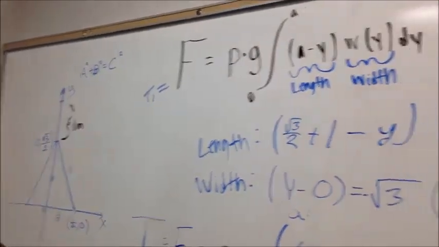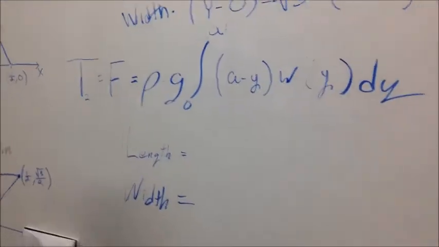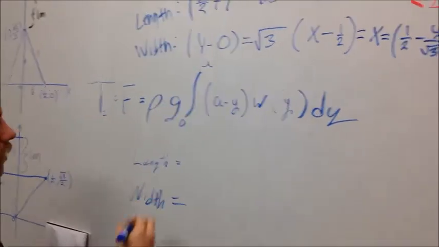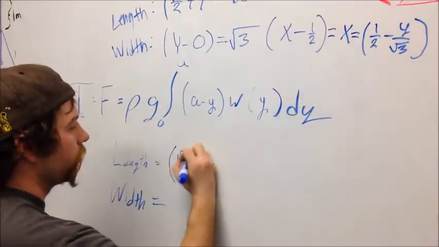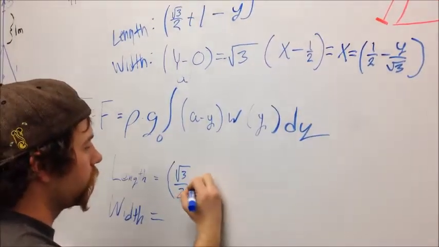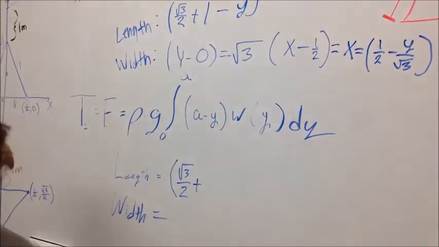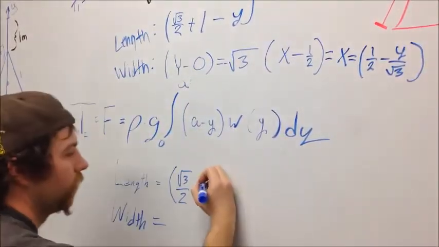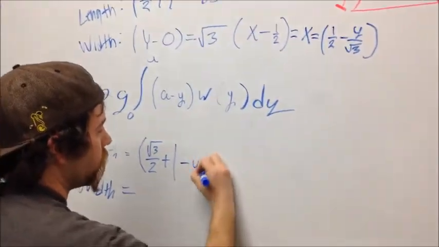For triangle 1. For our second triangle, our length will be the same because we're going up root 3 over 2 plus the 1 meter, and minus y.